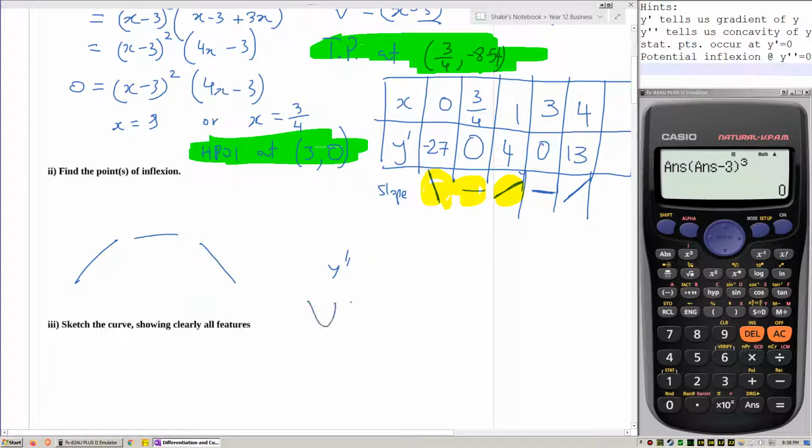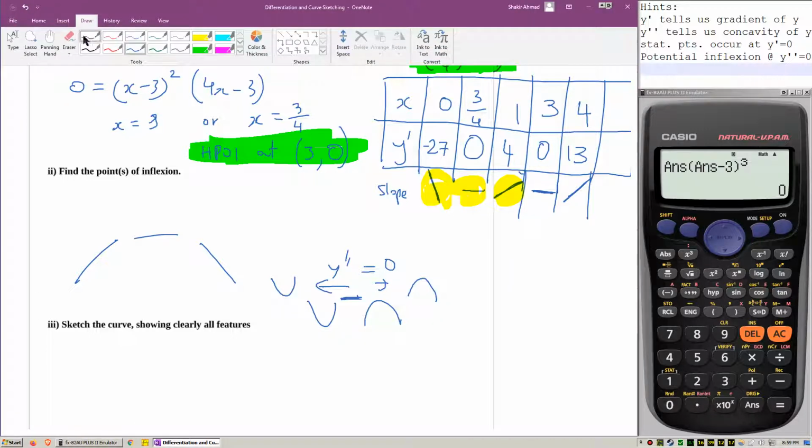So you have concave up, then no concavity, then concave down. More or less, that is how you find a point of inflection. So, two conditions. Y double dash has to be 0, and to the left it has to be concave up, and to the right it has to be concave down, or the other way around.